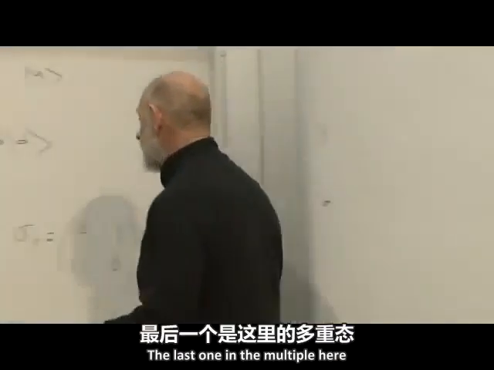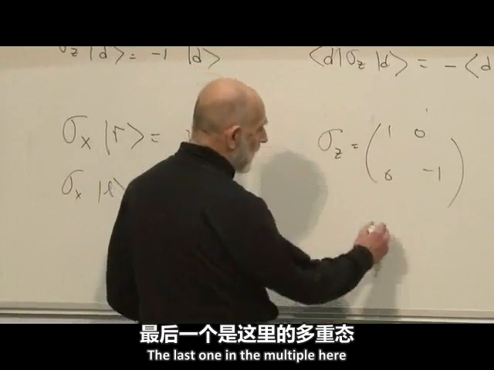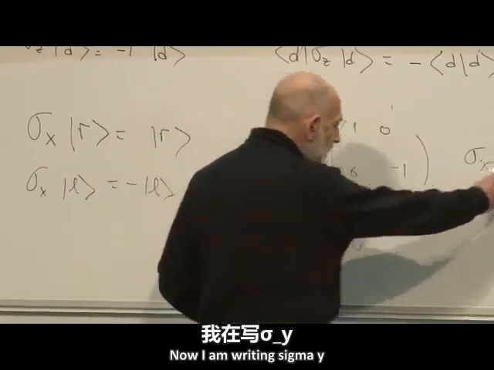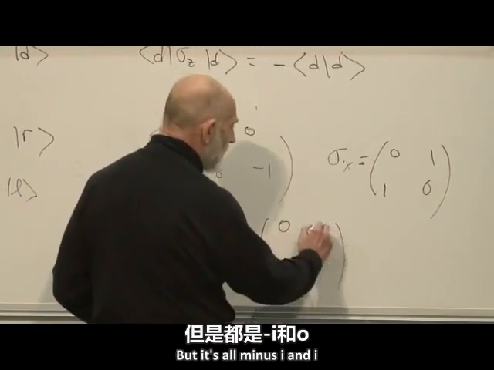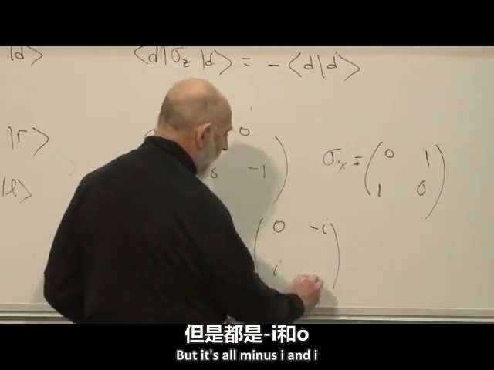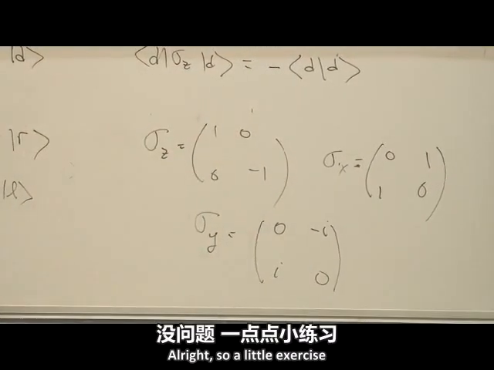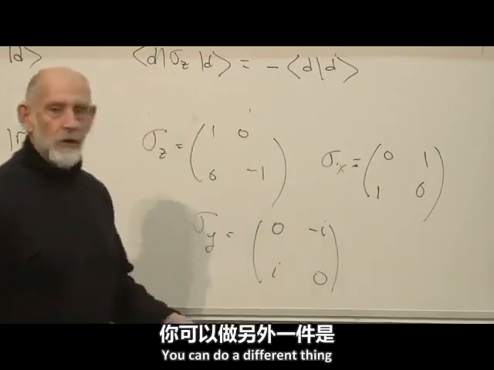The last one in the multiplet here, now I am writing sigma y. Similar to this one, but it's 0, minus i and i, 0. All right, so a little exercise. You don't really need to go and prove this. You can do a different thing.